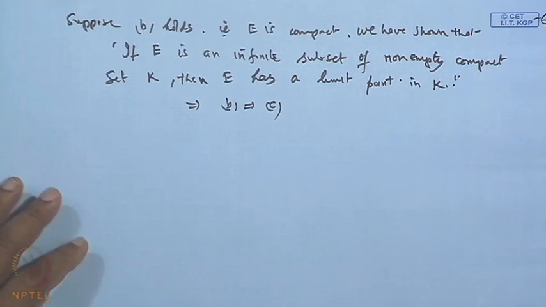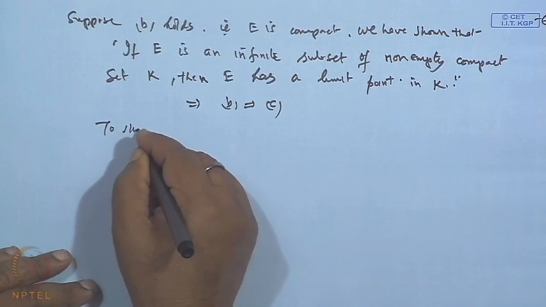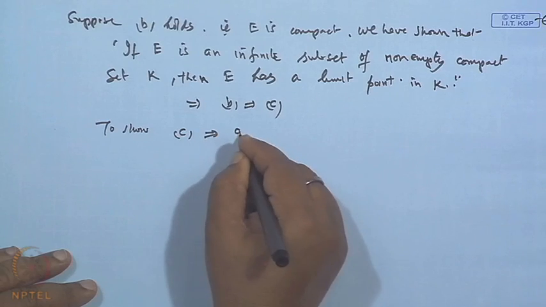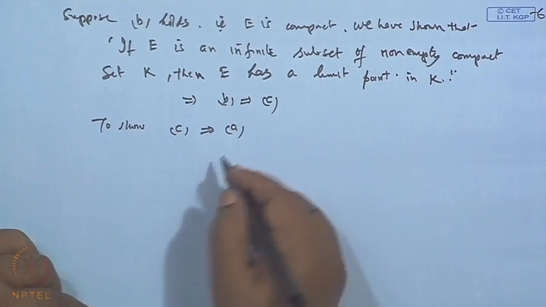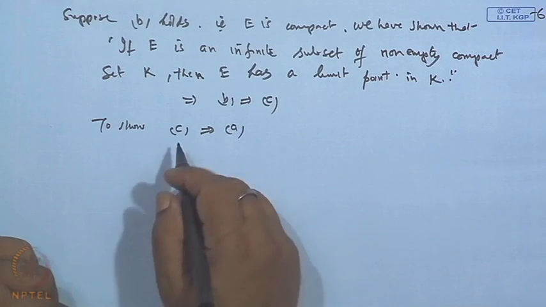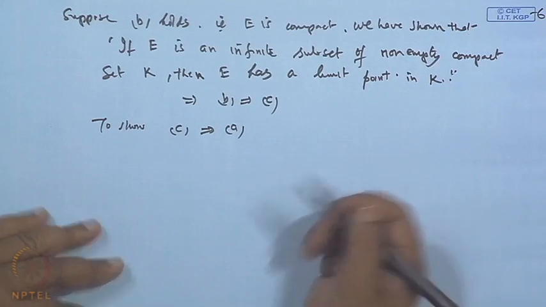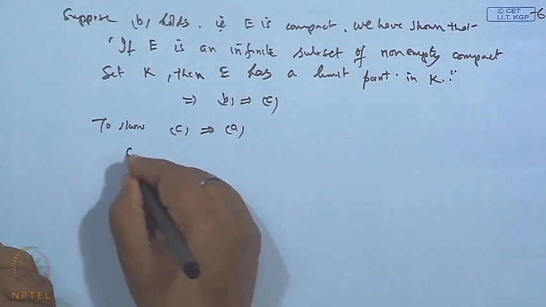Now, to show C implies A, we prove this by contradiction. Given that every infinite subset of E has a limit point in E, that is C, which is given.